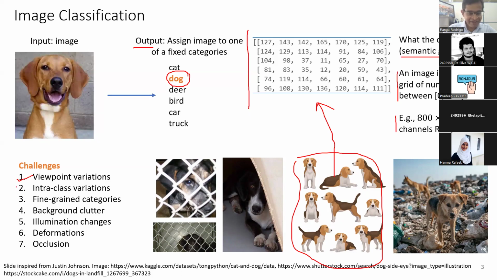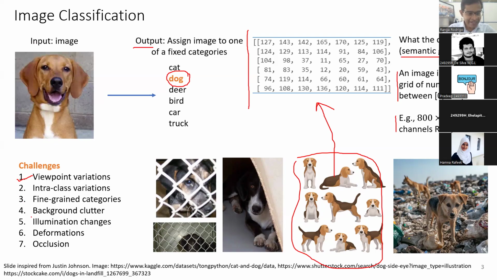There can be different dogs and they look different in size, shape, color, and so on. Then fine-grained categories are there. We know that this is, I think, a beagle, and there are Dachshunds, German Shepherds, Labradors, like that. There are different breeds of dogs.